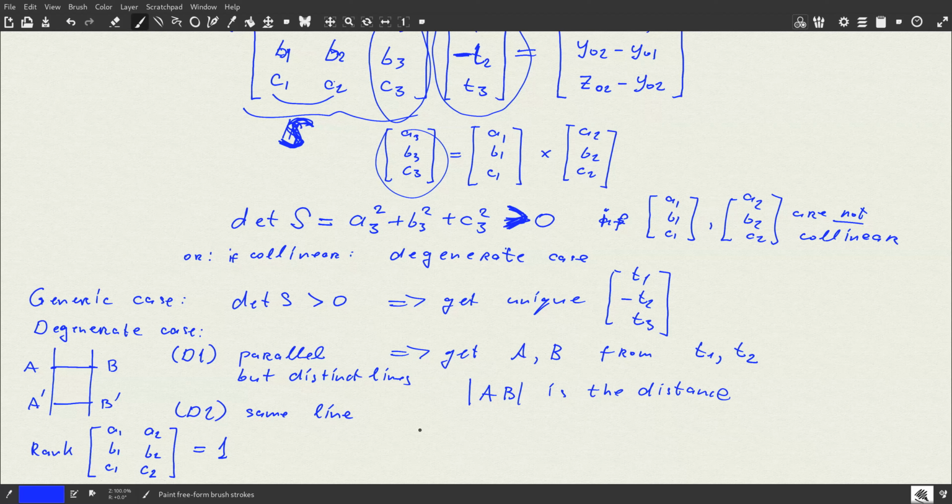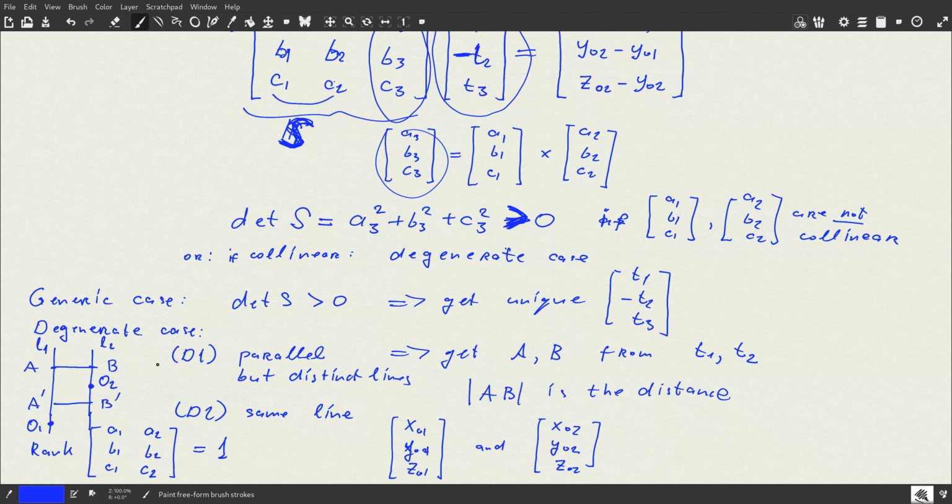We take into account the points x01, y01, z01, and x02, y02, z02. So let's suppose that this is our L1, this is our L2, this is the initial point O1, this is somewhere the initial point O2.